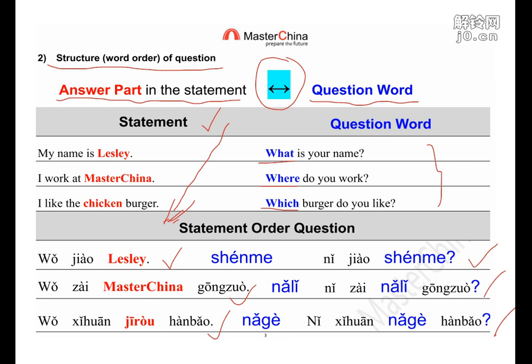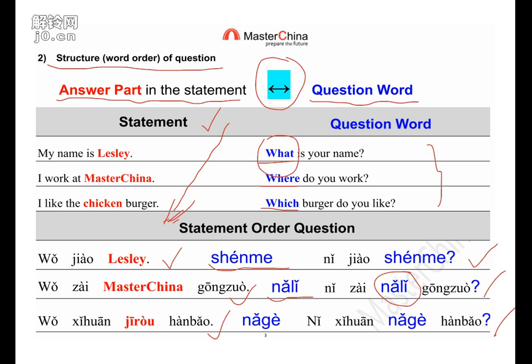We use what, because what is here. I need to use the question word here, 什么. Then the question in Chinese has 什么 at the end. And the second one says, 我在 Mars China 工作. So, where do you work? I should use 哪里, where. But look at the question in Chinese. 哪里 is also not at the beginning.